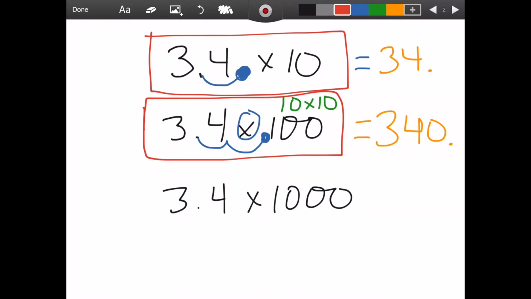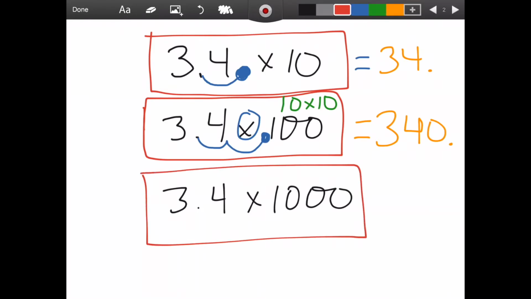Same idea. When we multiply a number by 1,000, 1,000 is the same as 10 times 10 times 10. So multiplying by 10 three times would be the same as multiplying by 1,000. Because of this, we know that if we multiply a number by 1,000, a quick way to figure it out would be to take this decimal and move it 1, 2, 3 times.